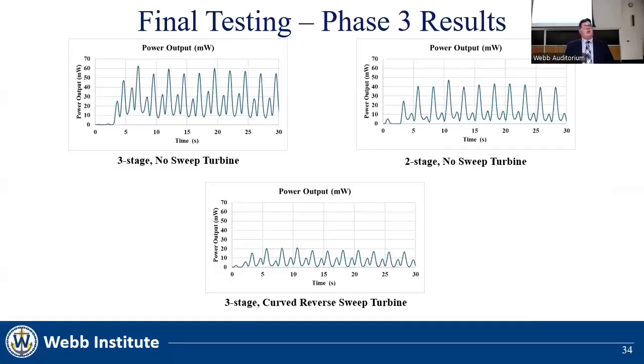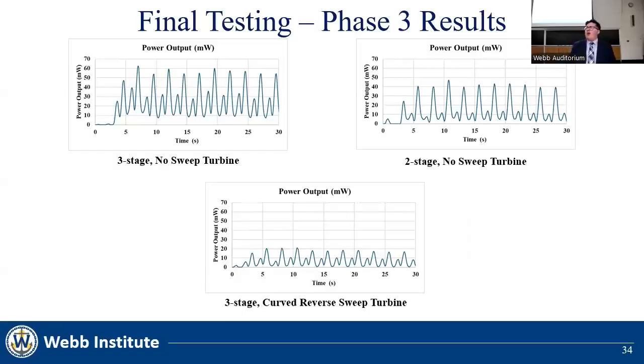The first set of results from phase 3 testing highlights the differences amongst the 3 turbines. Each graph displays power output in milliwatts on the y-axis, plotted against the time of turbine operation in seconds on the x-axis. The top left graph is for the 3-stage no-sweep turbine. The top right graph is for the 2-stage no-sweep turbine. And the bottom graph is for the 3-stage curved reverse sweep turbine.